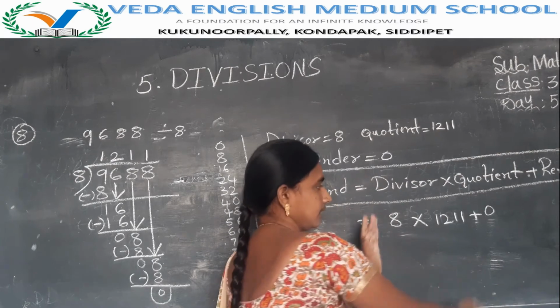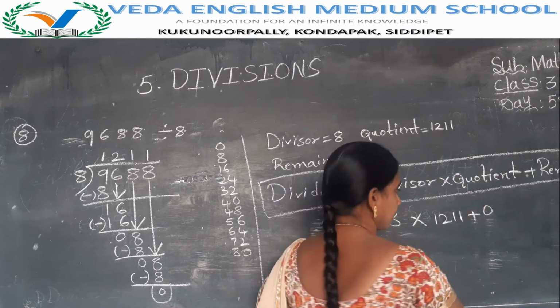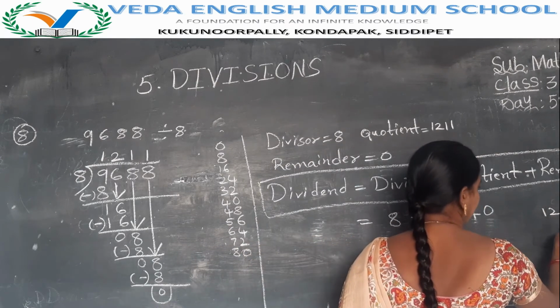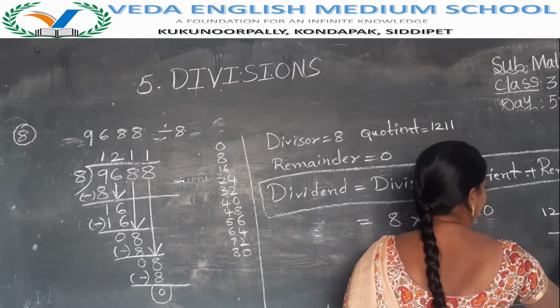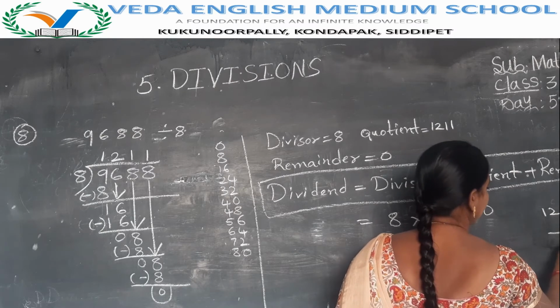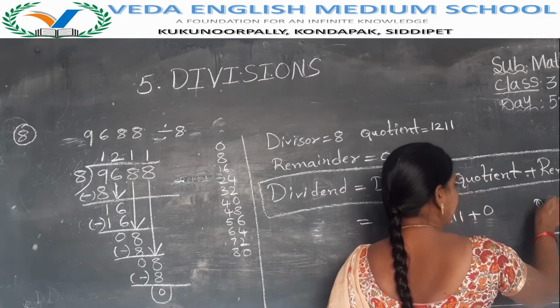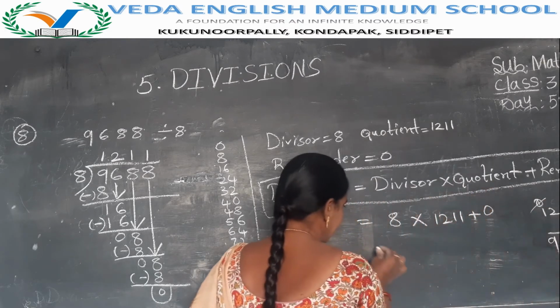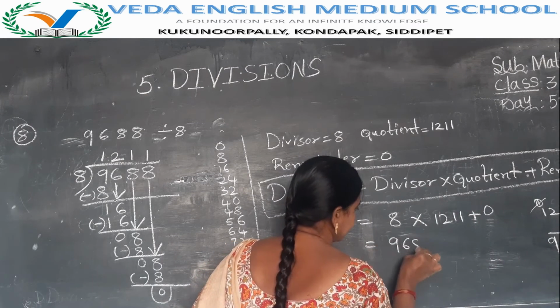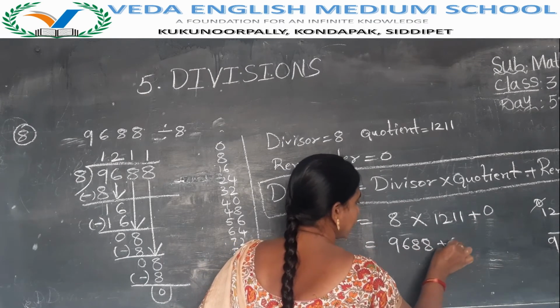So first of all, this multiplication: 1211 into 8. 8 ones are 8, 8 ones are 8, 8 twos are 16, here 1 carry, 8 ones are 8 plus 1 is 9. See here now: 9688 plus 0.